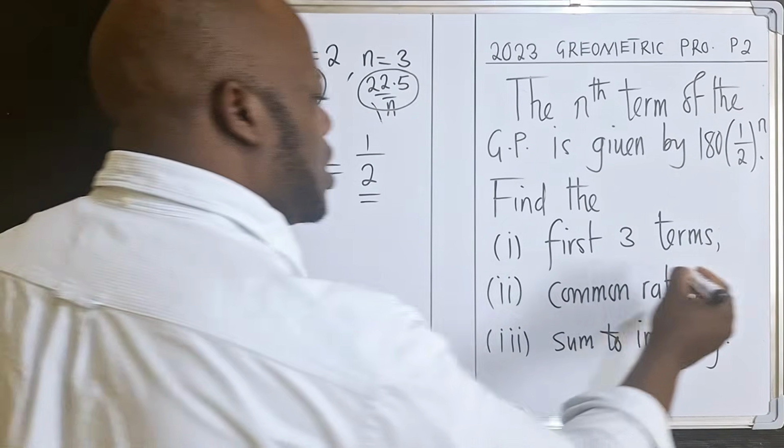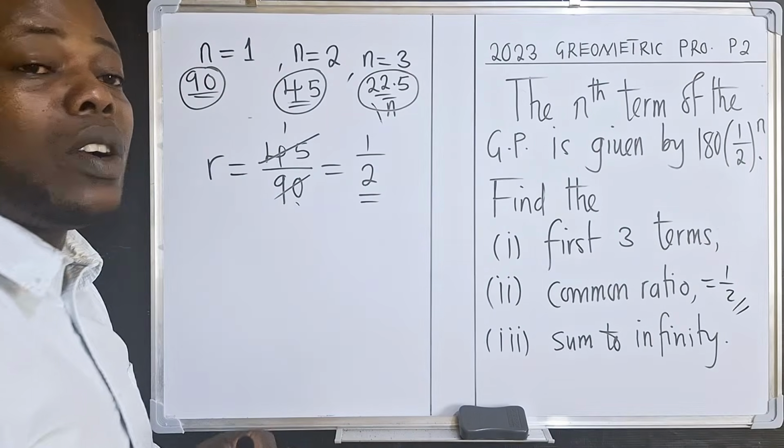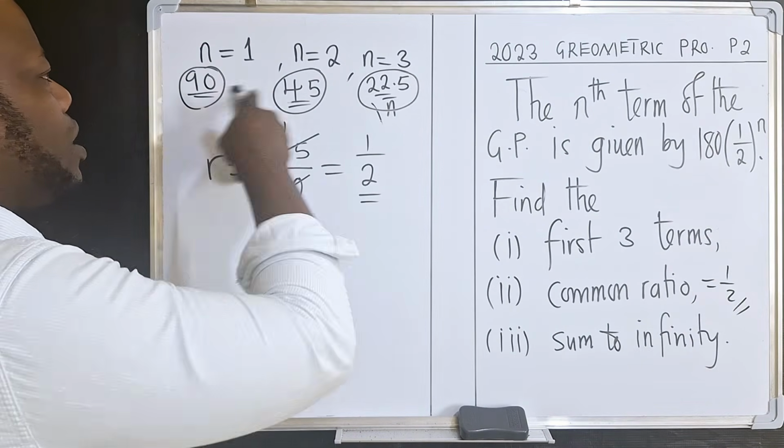So our ratio is 1/2, which is the common ratio.